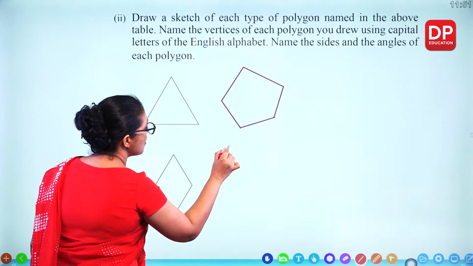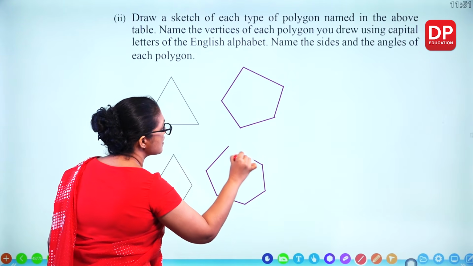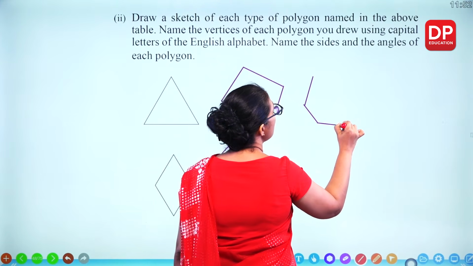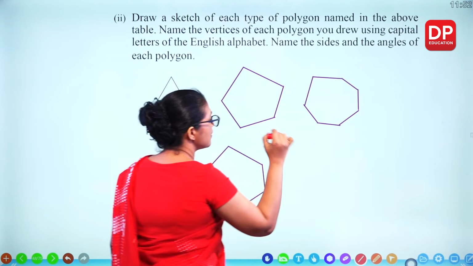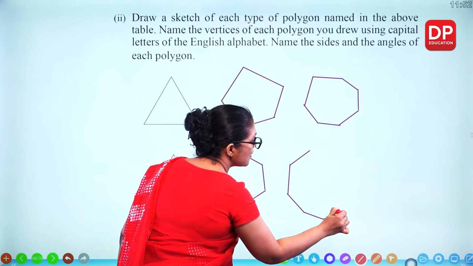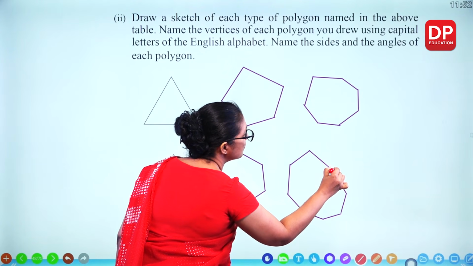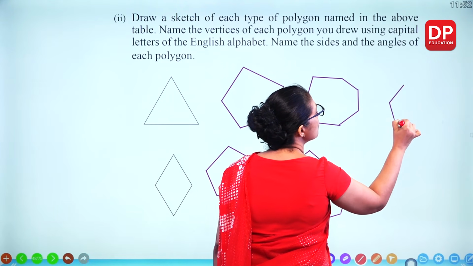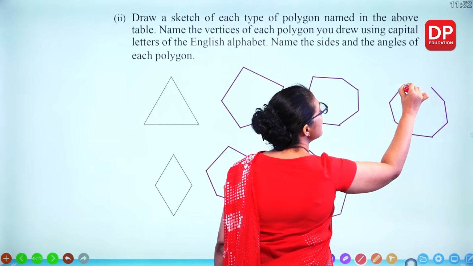Now 6, 1 to 6. 7, 1 to 7. 8, 1 to 8. 9, 1 to 9.